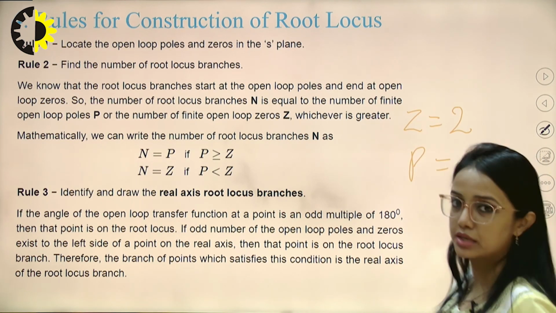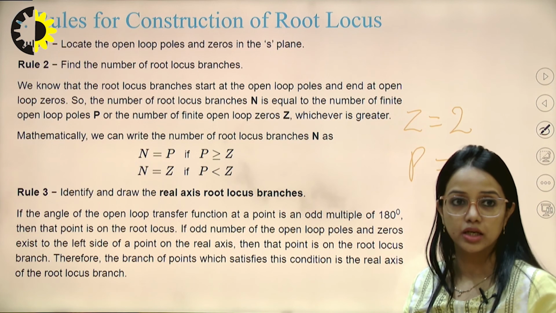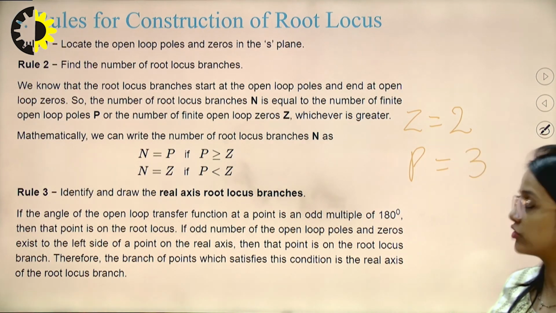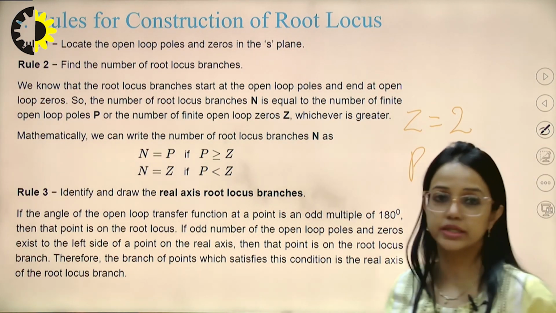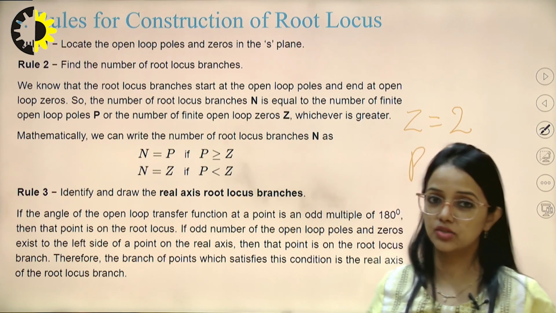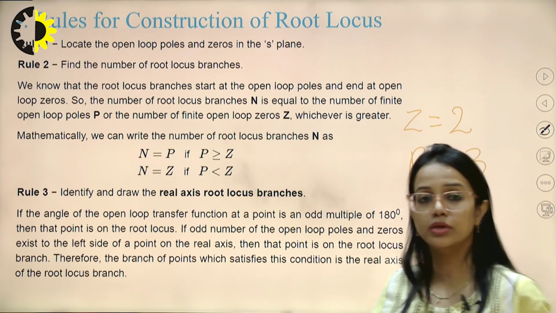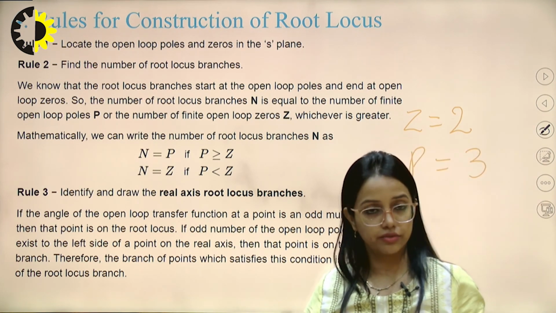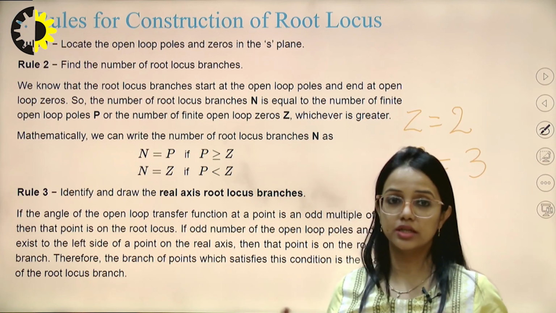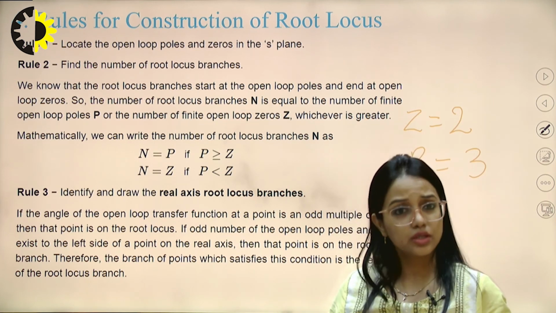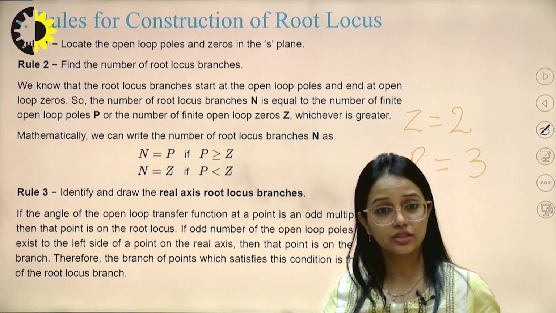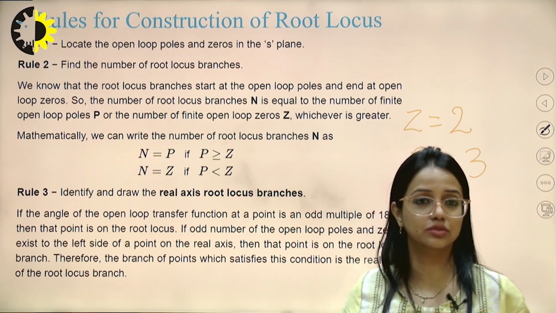So how many branches will be there? For the first thing, the root locus will start from poles and will terminate at zeros. So it has 3 poles, it will start from 3 different poles and it will terminate at 3 zeros. Do we have 3 zeros? No, we don't have 3 zeros.